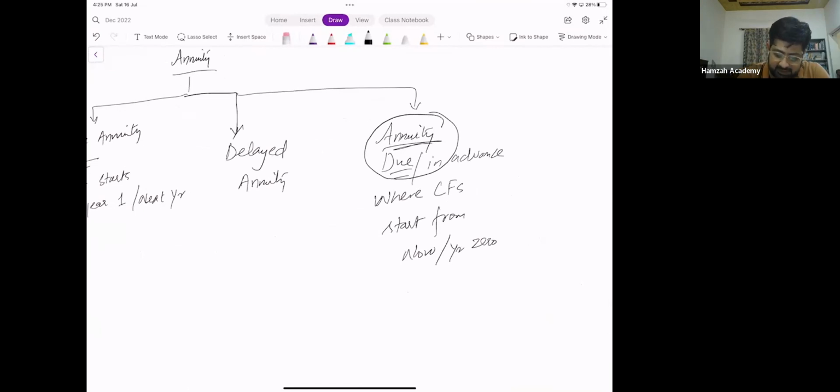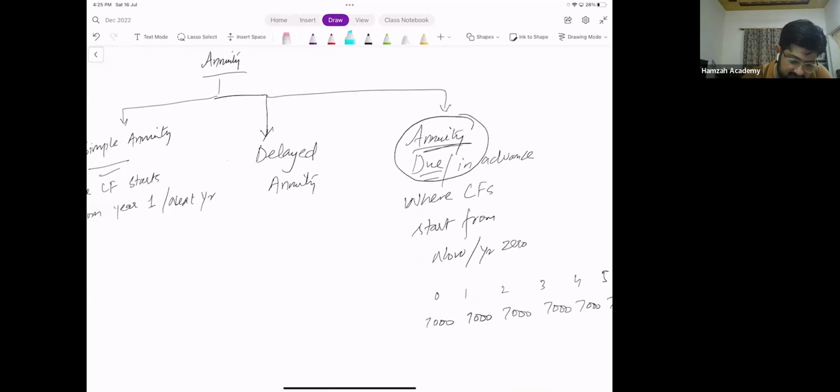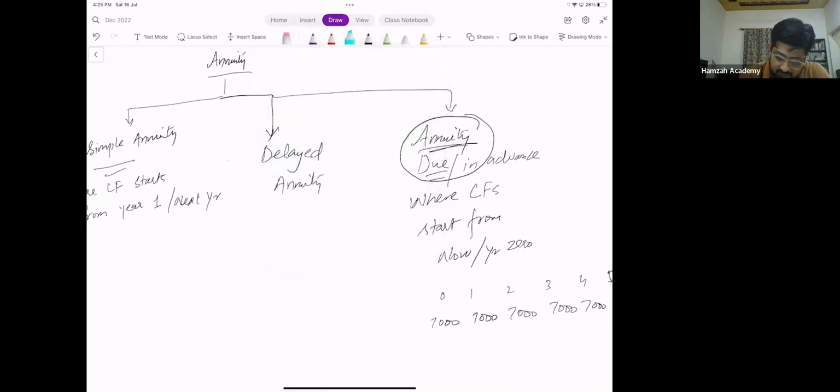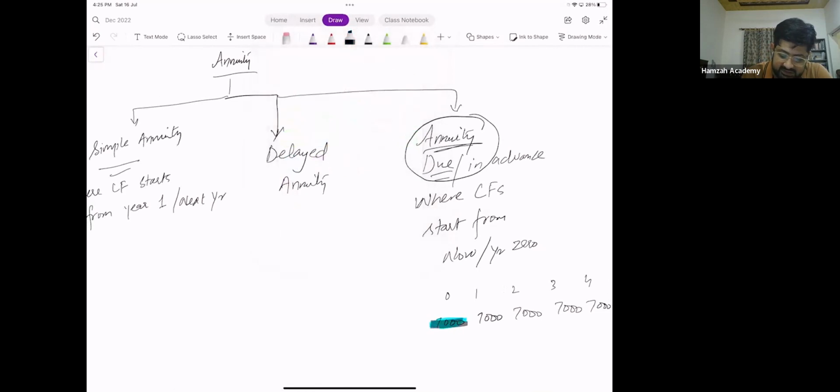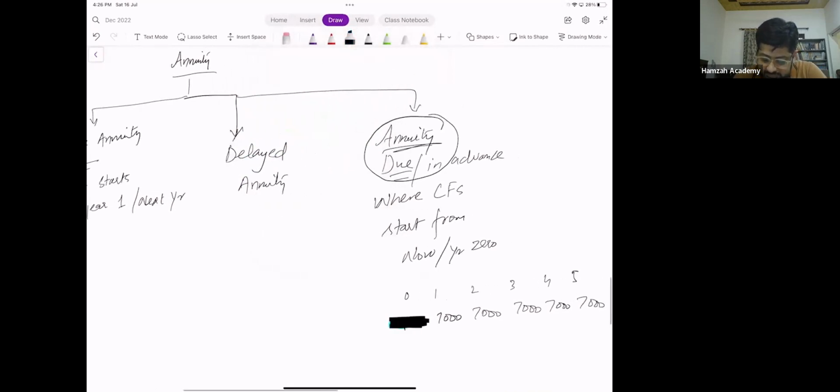Now, for example, 0, 1, 2, 3, 4, and 5. 7,000 cash flows starting from now. Students, if we forget it for the time being, this is simple annuity.